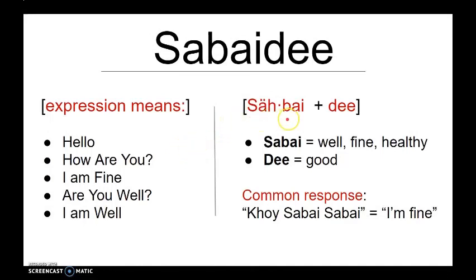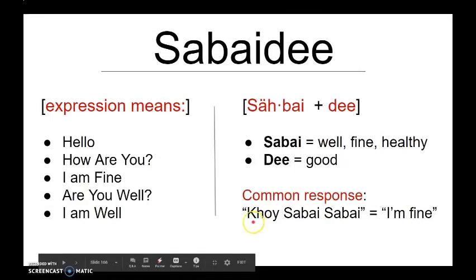And that's because it's made up of two parts. Sabai, which actually means well, fine, and can refer to being healthy, and D, which means good. So if you say Sabaidee to someone, Sabaidee ball, a common response might be Koi Sabai, which means I'm fine.